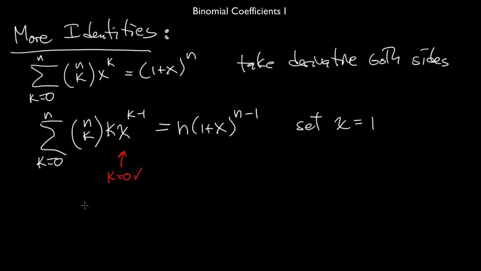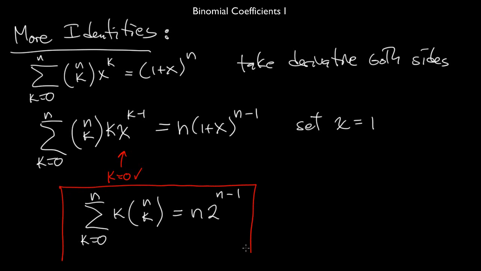And now set x equal to 1, and you conclude that the summation of k times n choose k is equal to what? n times 2 to the n minus 1. That's interesting. It's the sort of weighted sum of the binomial coefficients where you weight n choose k by k. And you get something closely related to a power of 2, but it has this n in the front.